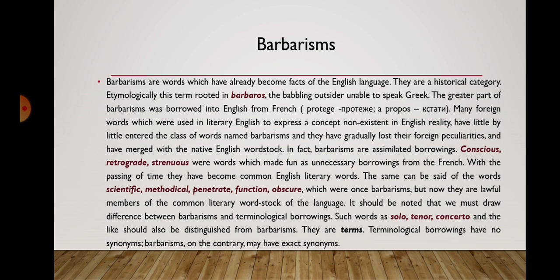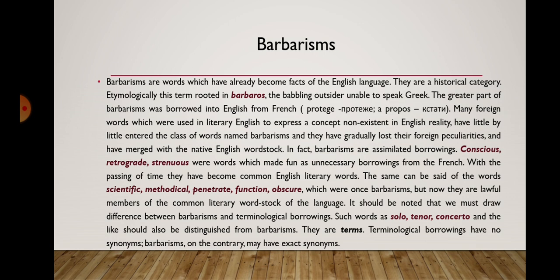In fact, barbarisms are assimilated borrowings. For example, conscious, retrograde, strenuous were words which were made fun of as unnecessary borrowings from the French. With the passing of time, they have become common English literary words.